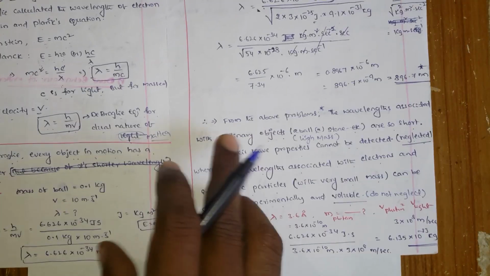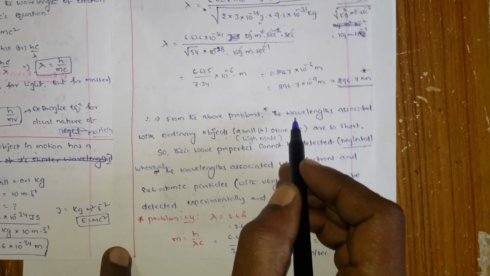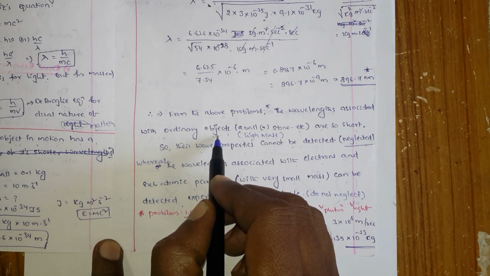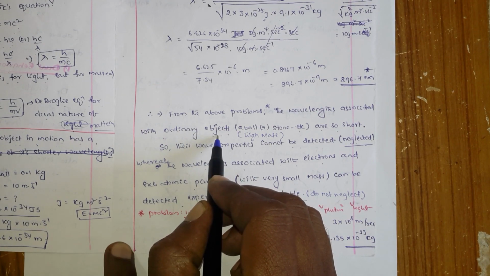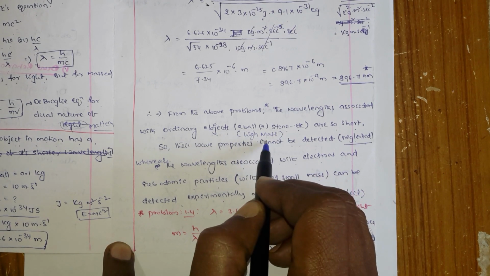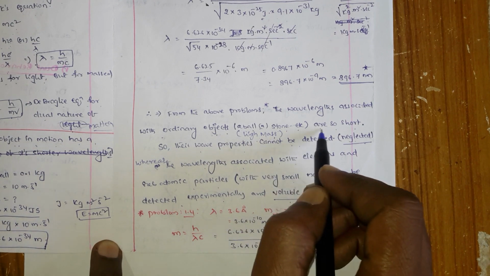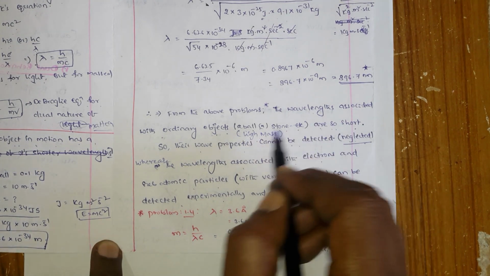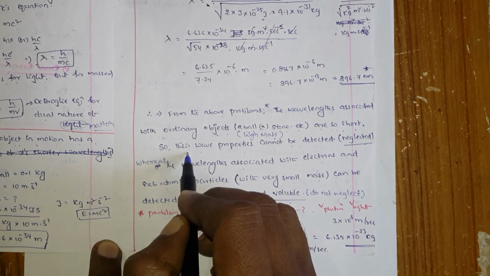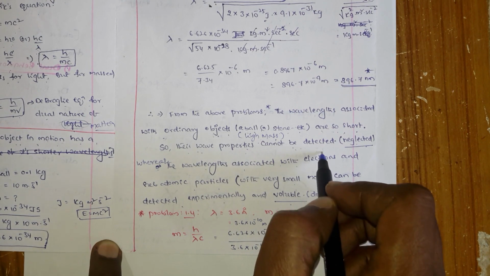But he also gave one more conclusion: the wavelengths associated with ordinary objects like a ball or stone or a bus or a scooter, with high mass, are so short that their wave properties cannot be detected.